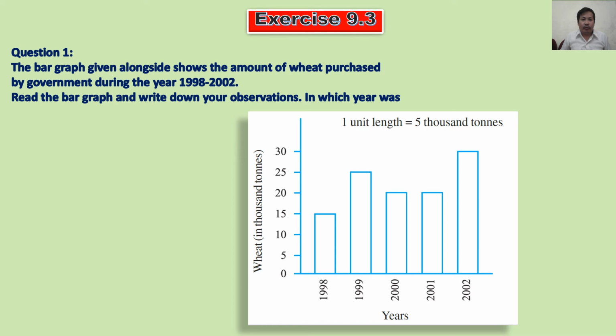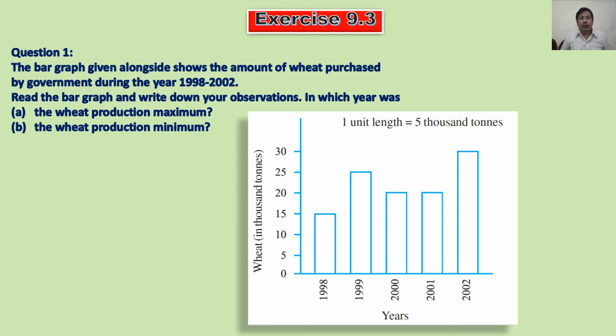Read the bar graph and write down your observation: in which year was A, the wheat production maximum, B, the wheat production minimum. Let us see what the answer is. Just observe the bars here.